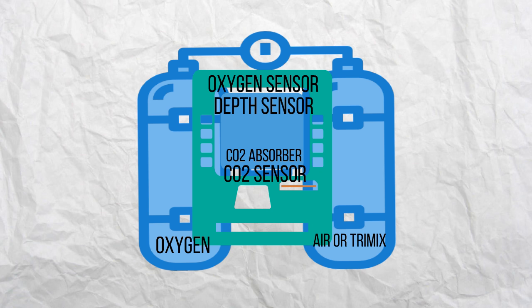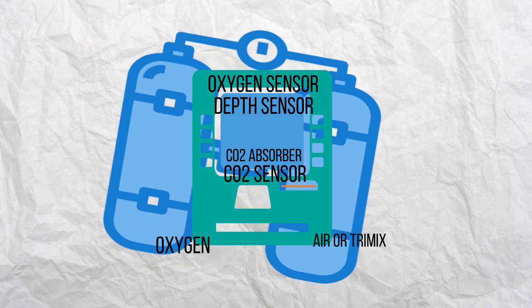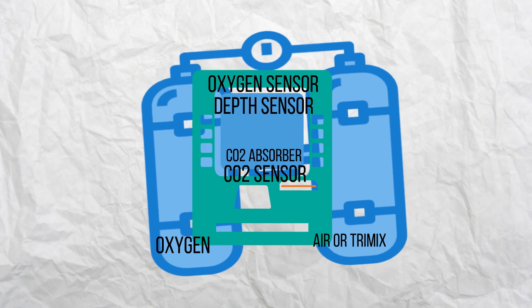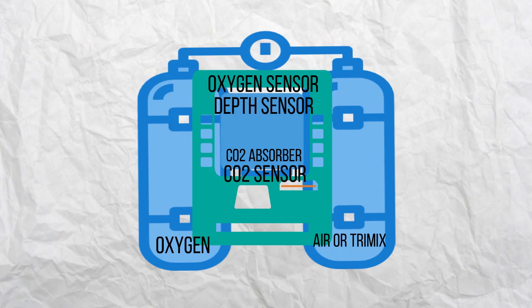How does it achieve that? Well, of course, we're now coming back to the two tanks that are inside it. If it needs to increase the oxygen partial pressure because we've ascended, it can squirt oxygen into the breathing loop. If the oxygen partial pressure is getting too high because we've descended and we're under a greater pressure, then it can squirt air or even trimix into the loop to reduce the oxygen partial pressure the diver is exposed to.